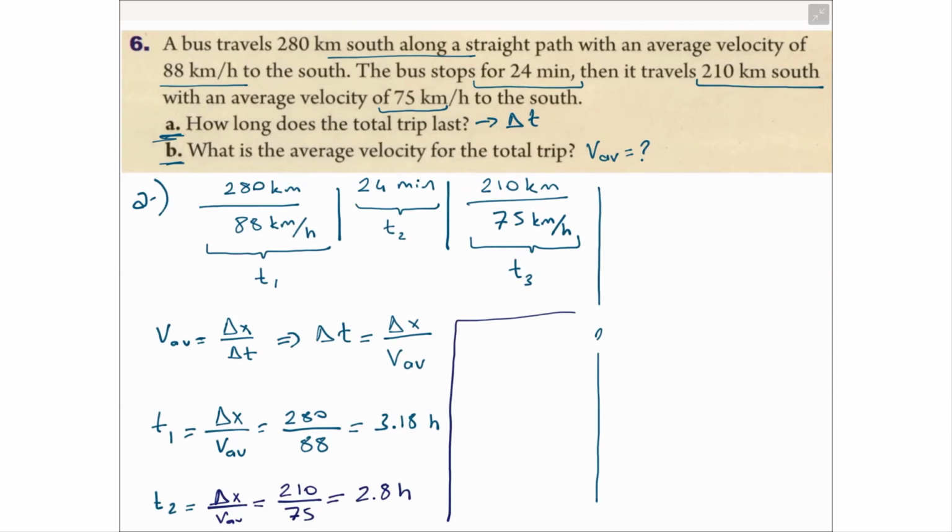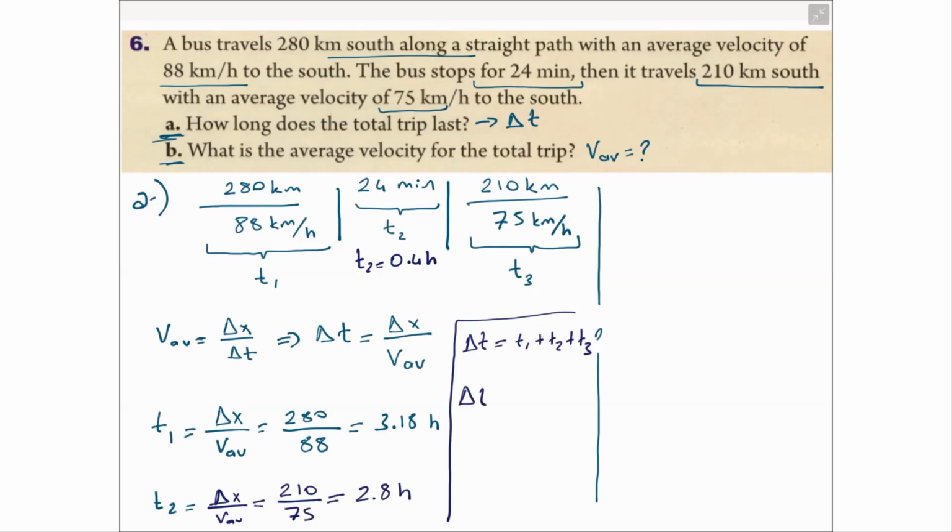Here delta t equals t1 plus t2 plus t3, and t2 is the 24 minutes. 24 minutes means 0.4 hour.